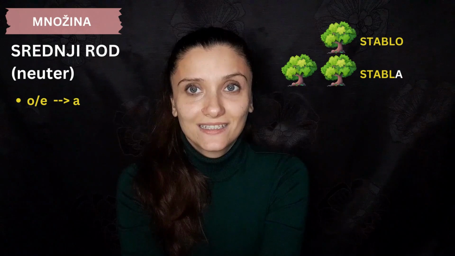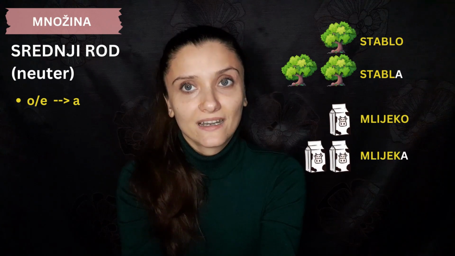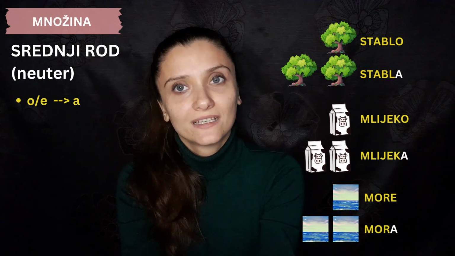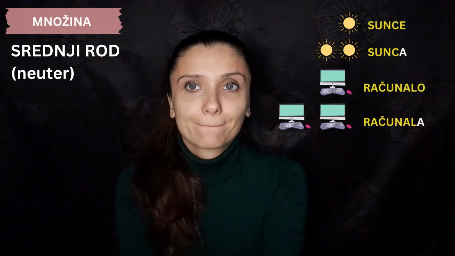Ovo je stablo, ovo su stabla. Let's see some other examples. Mlijeko, mlijeka. More, mora. Sunce, sunca. Računalo, računala. Pismo, pisma.